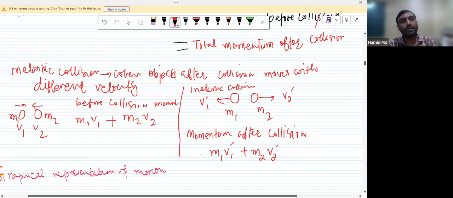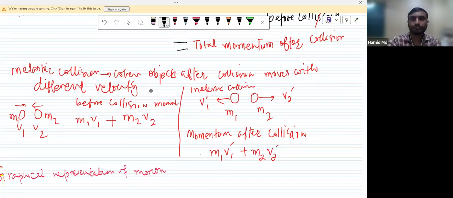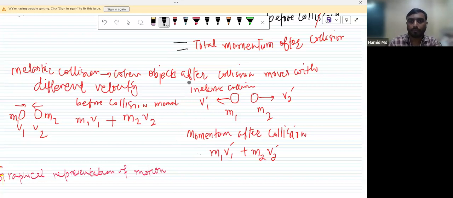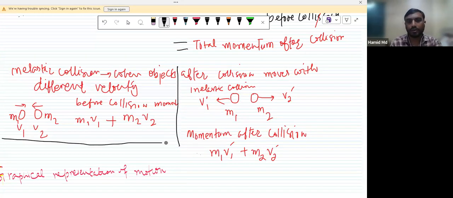Now we have already written the momentum before collision and after collision, so we will just write it again. I may write that P initial equals P final, in magnitude.